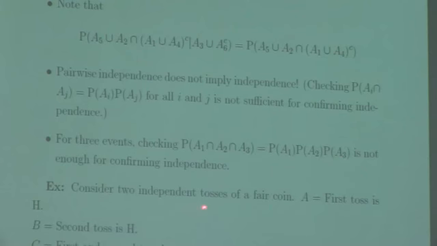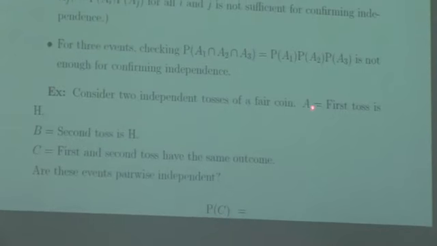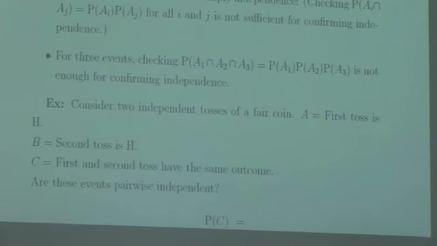Consider 2 independent tosses of a fair coin. Okay? A is the event that the first toss is heads. B is the event that the second toss is heads. And C is the event that the first and second toss have the same outcomes. Okay?